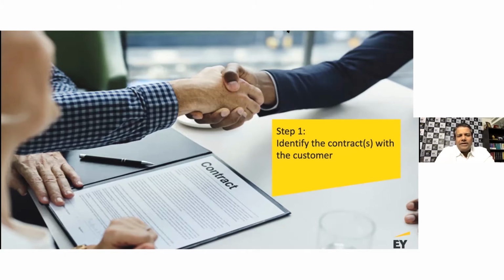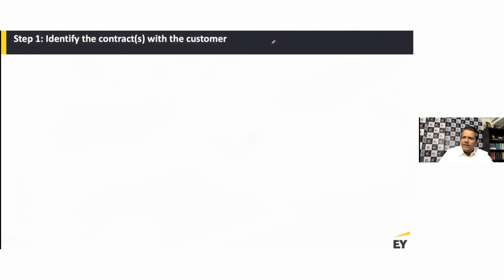So now we're going to talk in detail about what identify the contract with the customer means. At a high level, it's a fairly simple thing. When you think about what you do on a daily basis, you want to buy something, or you want to sell something.